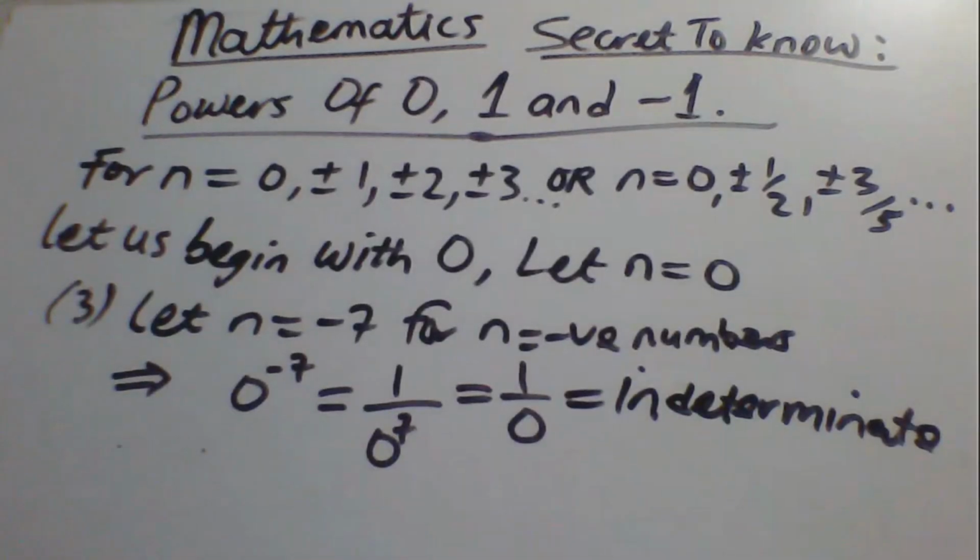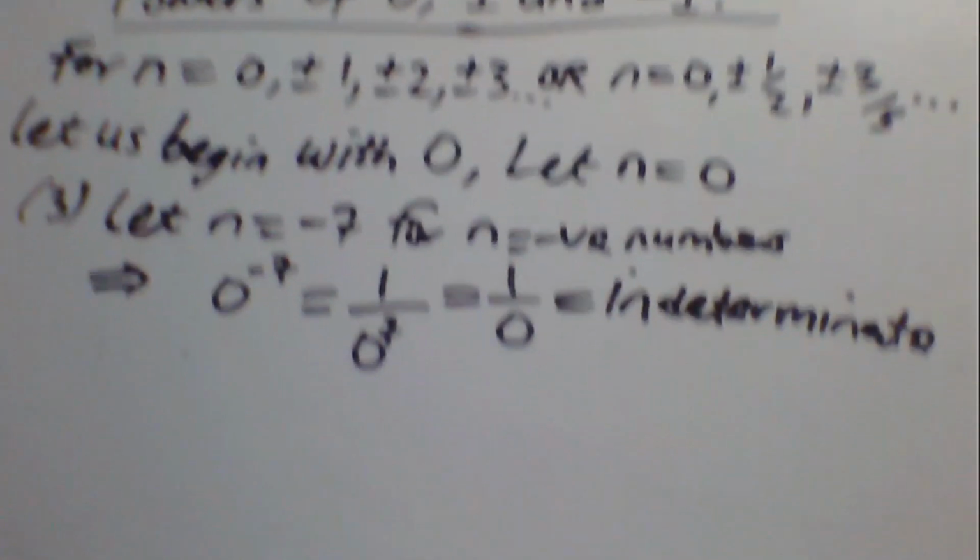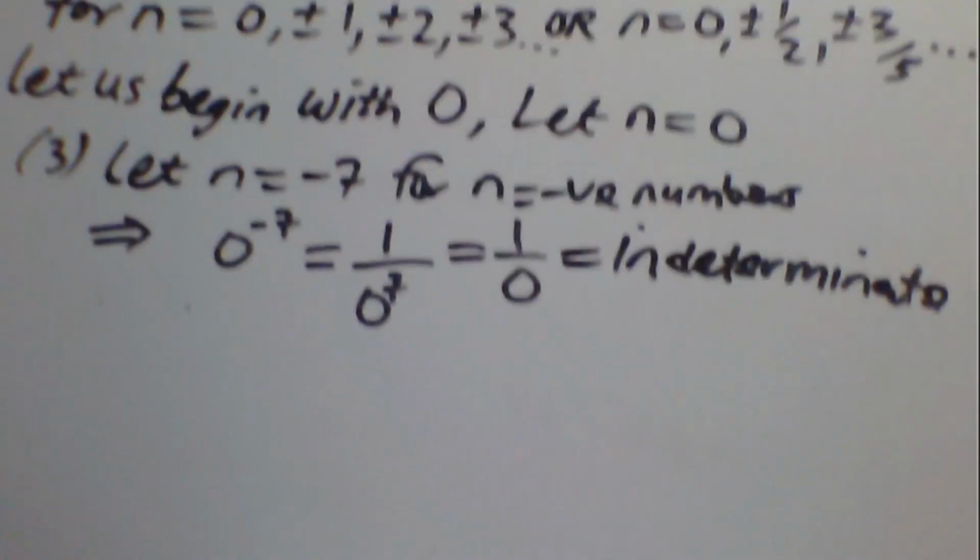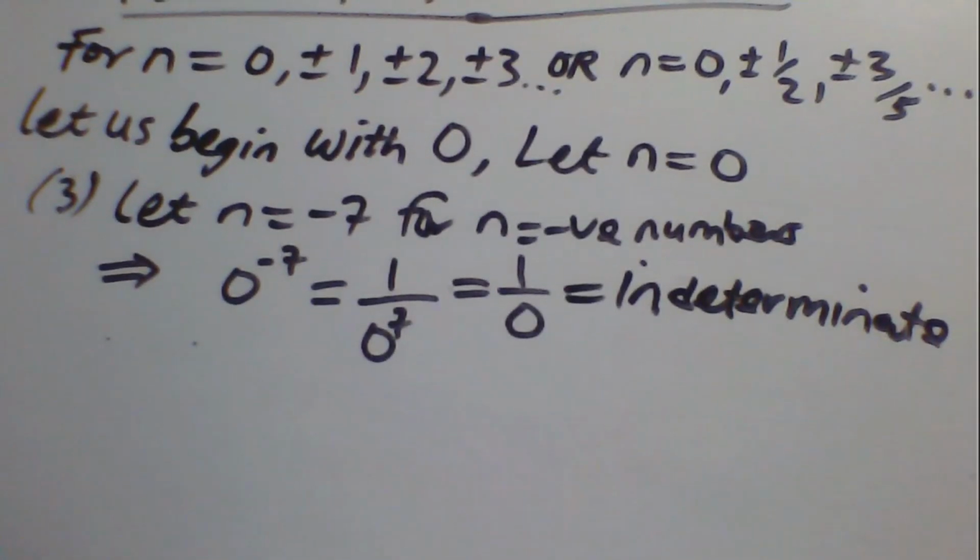So when a 0 is raised to a power of a negative number, the result is what? Indeterminate. If you haven't done this, know it today, because you already think that whenever you give a 0 a power, the result will be 0.